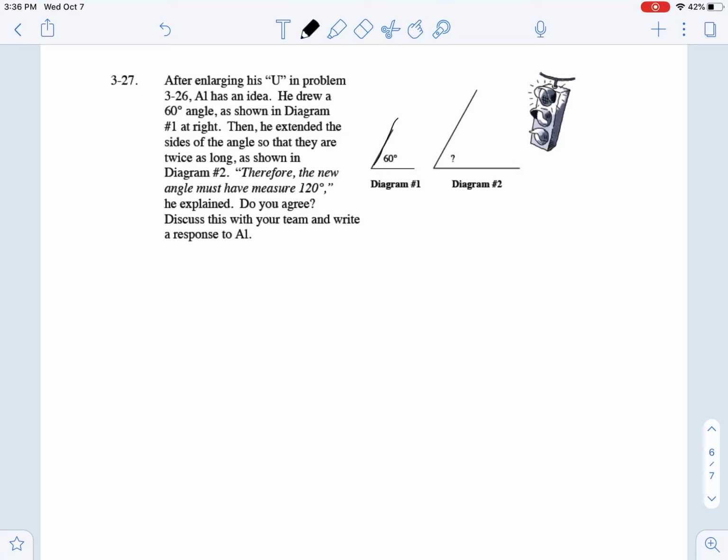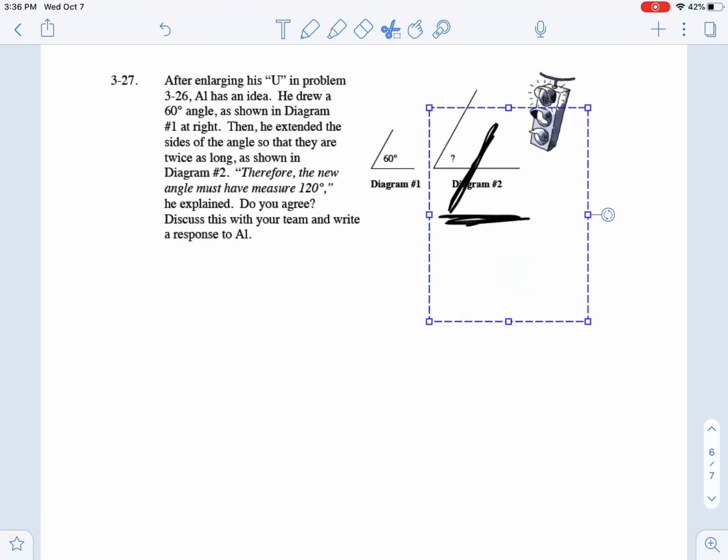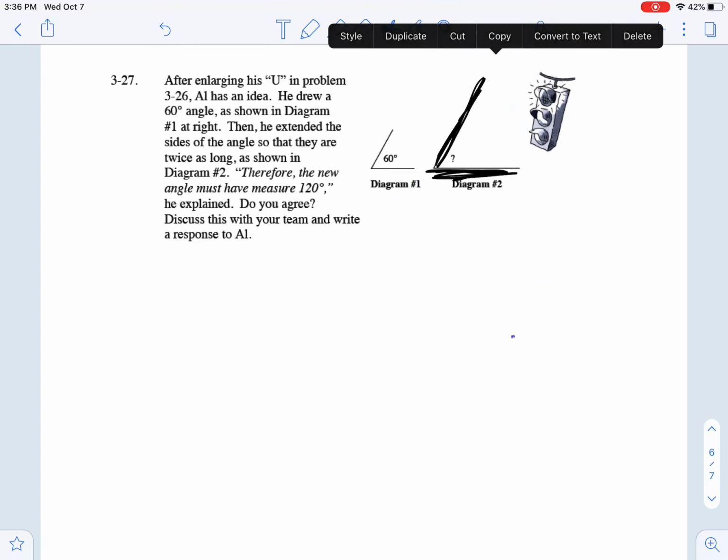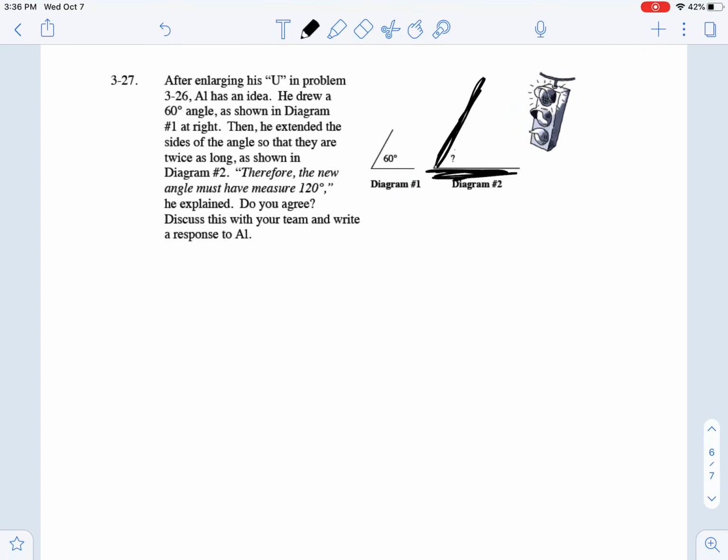So normally we'd have this discussion in class, but we're just going to trace this. And now if I take this and move it over, and I make those lines longer, I didn't change the angle at all. Similar figures and dilations have angles that stay the same.